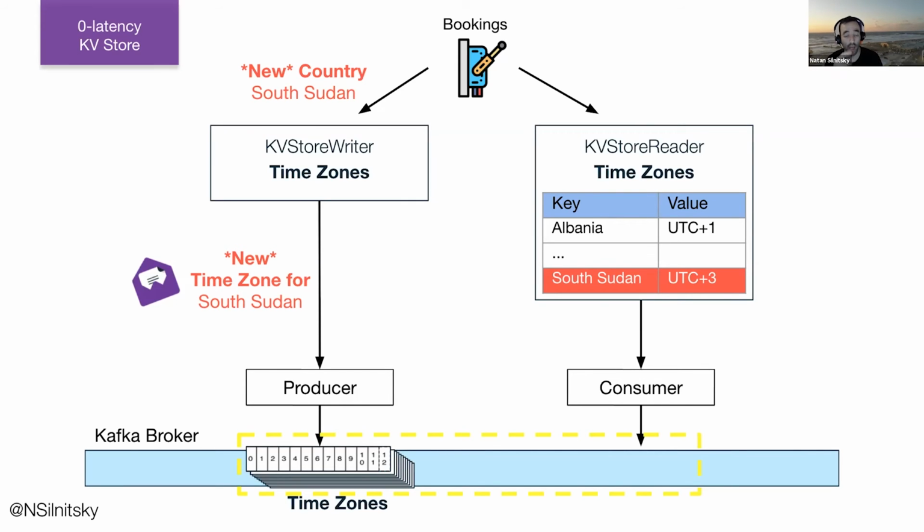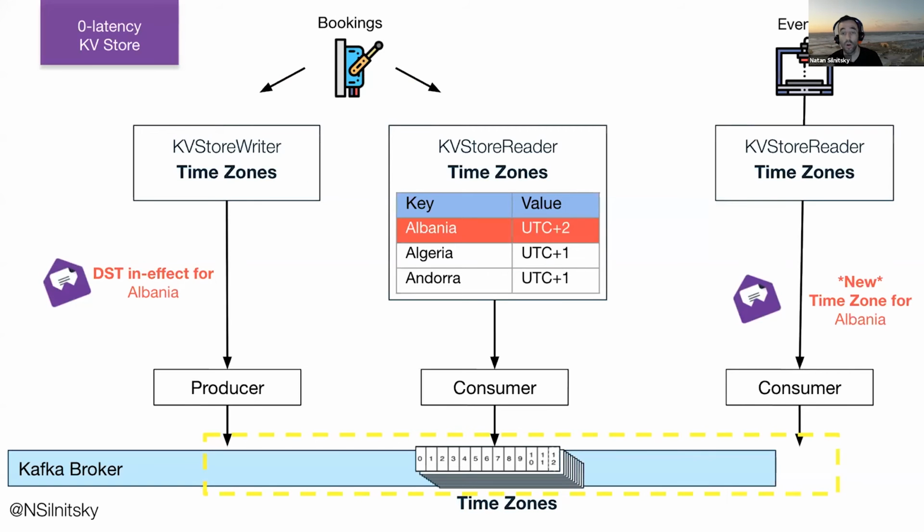It finds the correct time zone for South Sudan, produces this event to Kafka, and now its key value store reader for time zone is automatically up to date with the time zone for South Sudan, which is great. And of course, other services that are interested in time zones can also set up their own key value store readers with their consumers and get their up-to-date time zones automatically as well.